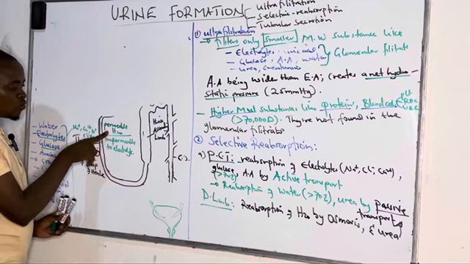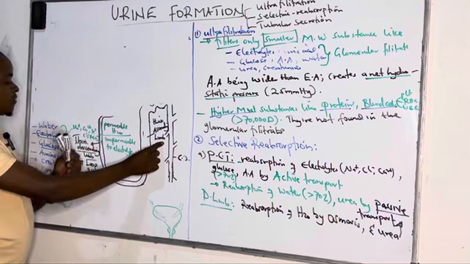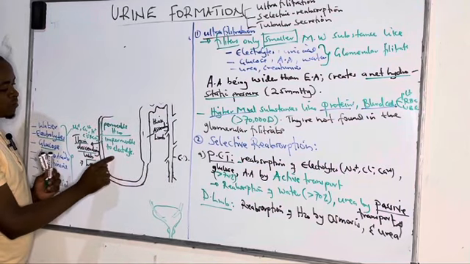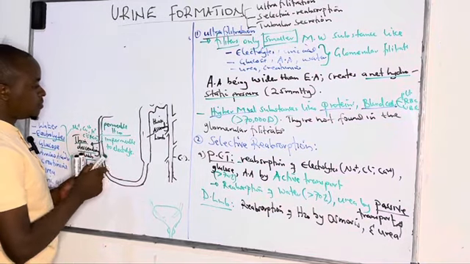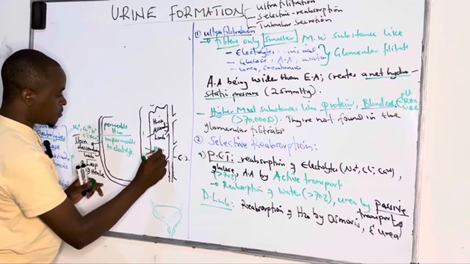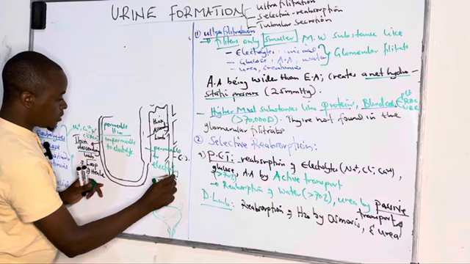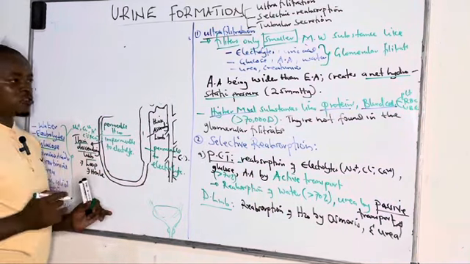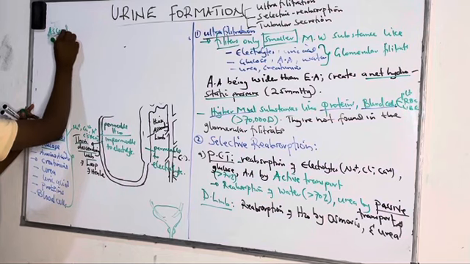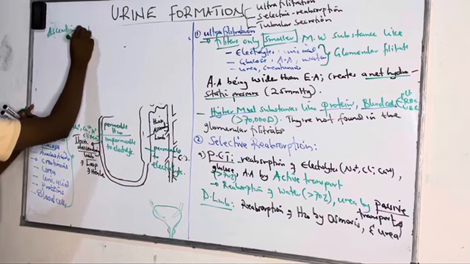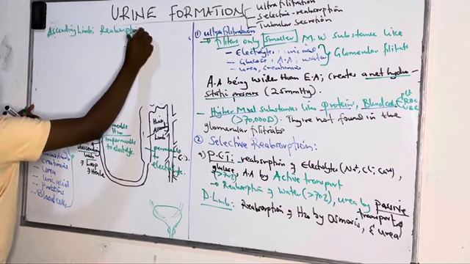We have seen the descending limb is permeable to water, but the ascending is impermeable to water. We have seen the descending is impermeable to electrolytes, but the ascending is permeable to electrolytes. So in the thick ascending limb, we see reabsorption of electrolytes.